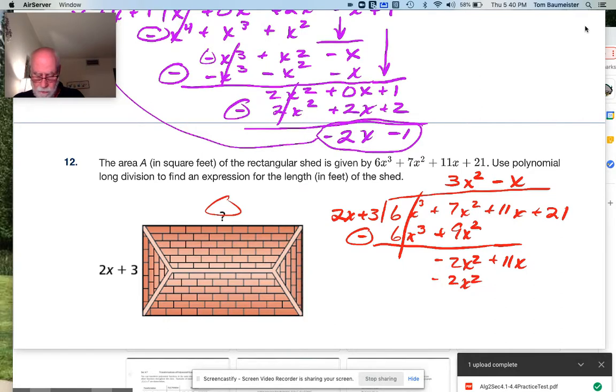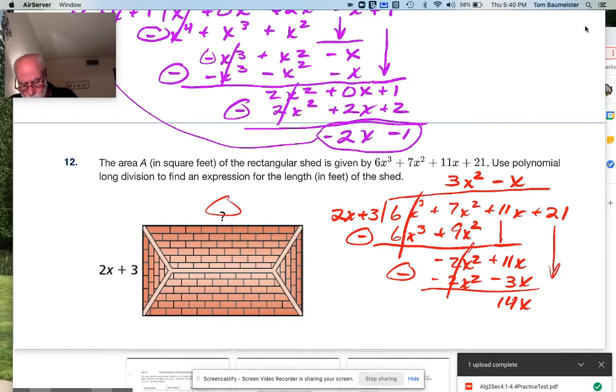Negative x times 3 is negative 3x. And again, I'm subtracting those. So negative 2x minus negative, but it's positive, those are going to go away. 11x minus a negative, or 11x plus 3x will give me 14x here. And then again, I'm going to bring down the 21.